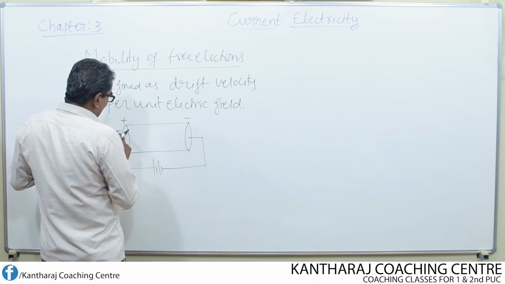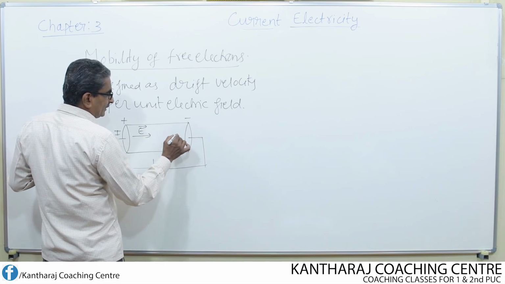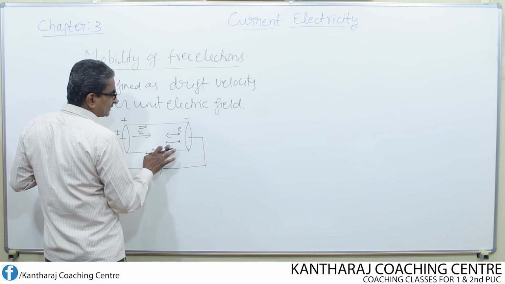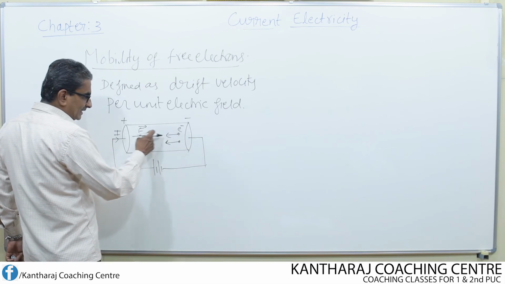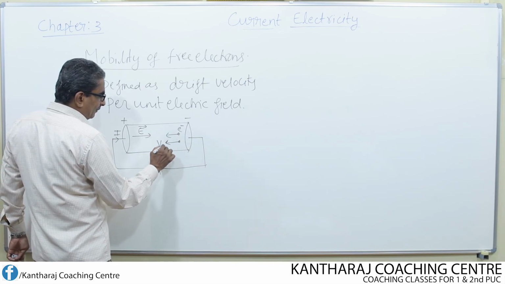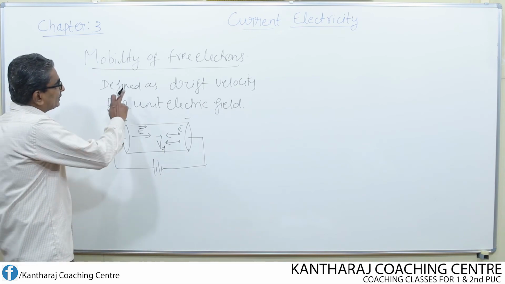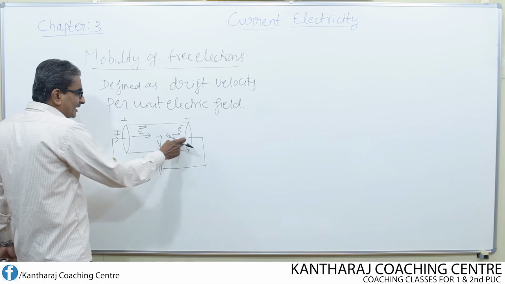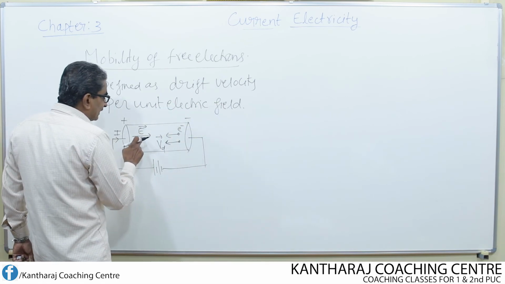Now, as a result of this current, an electric field is set up. Due to the electric field, the electron experiences force, and they start drifting opposite to the electric field. So according to the definition, drift velocity is the velocity with which the electron starts drifting when we apply unit electric field.